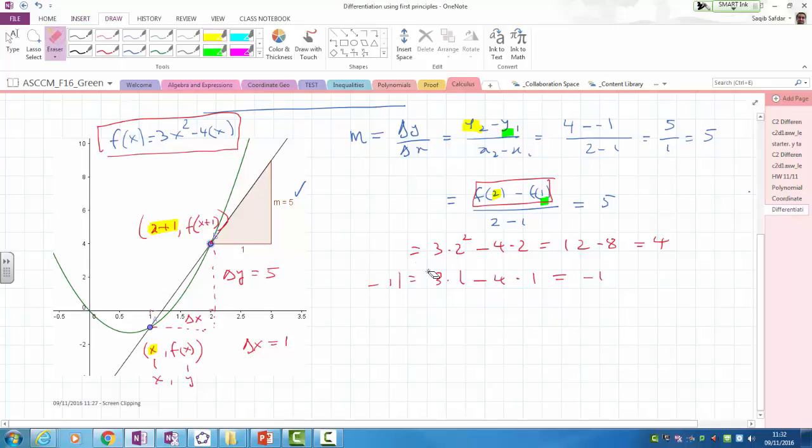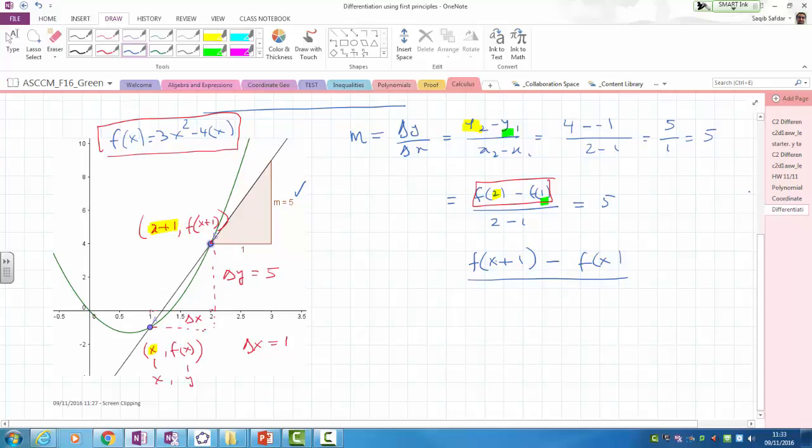And so what I could do, just using some algebra, is simply write this as f(x plus 1), take away f(x), divided by the change in x.